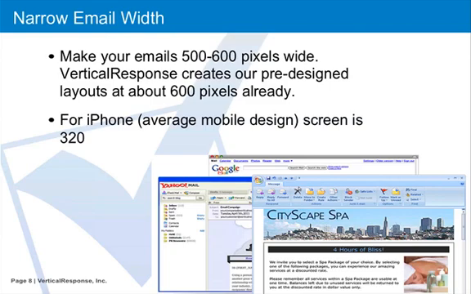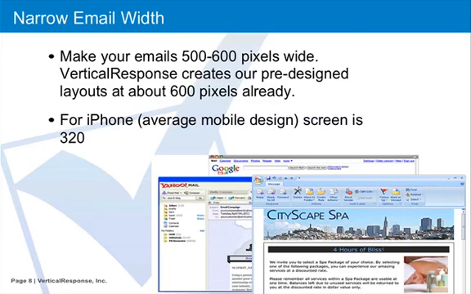So keep in mind that, especially people using iPhones, because that's how the phone is generally oriented, so they're looking at their emails quickly that way. So it's usually going to be about 320, judging by most of the people I see using a cell phone to read their emails.